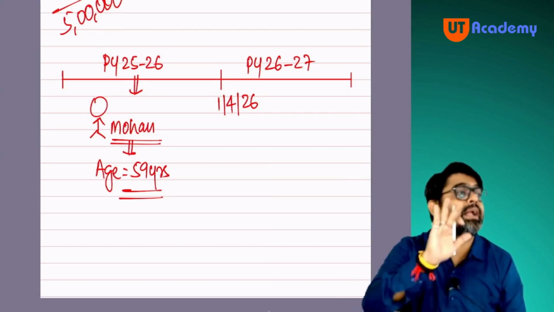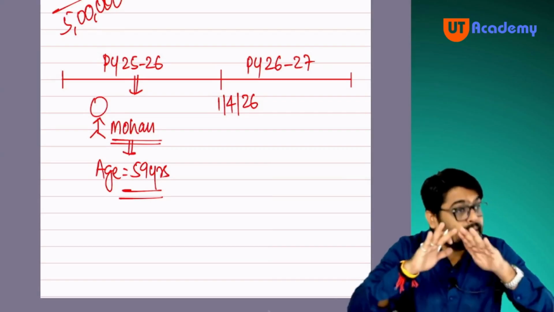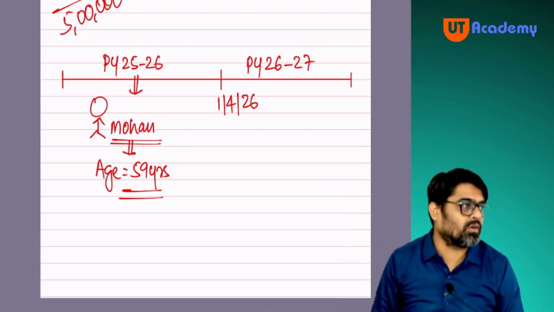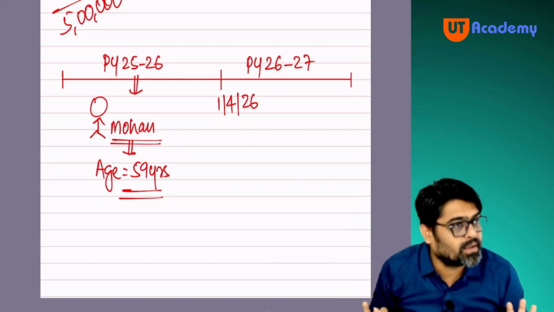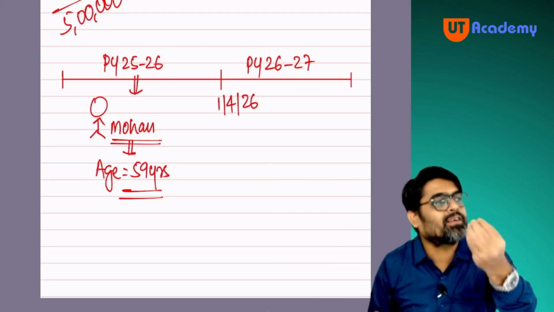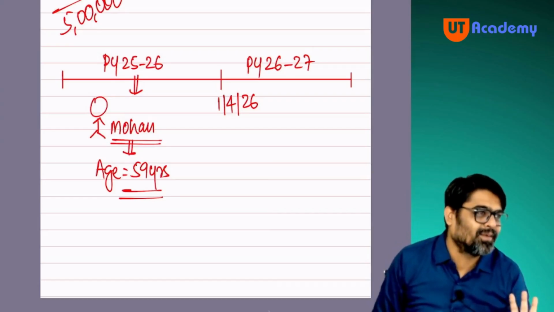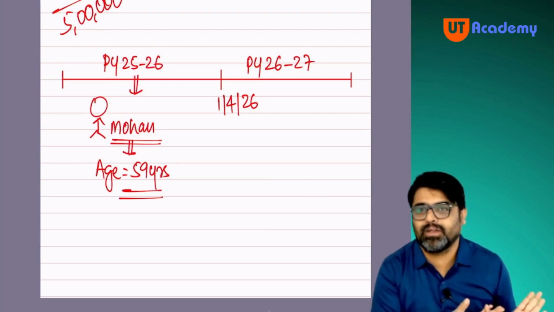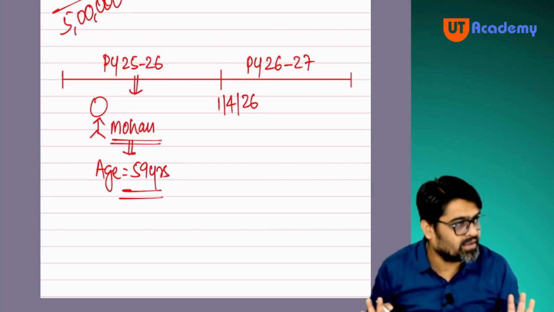So he should start getting the higher basic exemption limit from this previous year only and not from the next previous year onwards. Yes or no? Will you remember? This is applicable for super senior citizens also. So instead of 59, you can write 79 also. Did you understand this clarification?